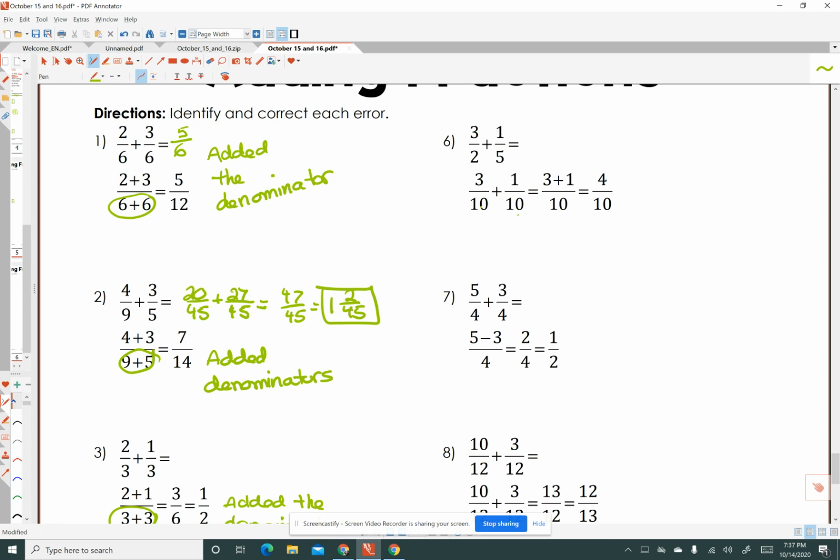So 2 times 5 is 10, and 3 times 5 is 15. 5 times 2 is 10, and 1 times 2 is 2. So 15 plus 2 is 17. Okay, so we have 17/10, and that equals 1 and 7/10 left over.